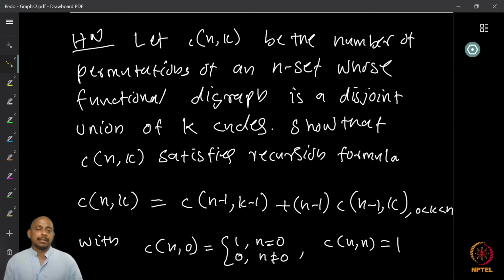So C(n,k) satisfies the following recursion formula: C(n,k) = C(n-1,k-1) + (n-1) times C(n-1,k) for 0 < k < n, with the initial conditions that C(n,0) is equal to 1 if n is equal to 0, and equal to 0 if n is not equal to 0, and C(n,n) is equal to 1. So these conditions let you calculate C(n,k) uniquely. You can think about this.